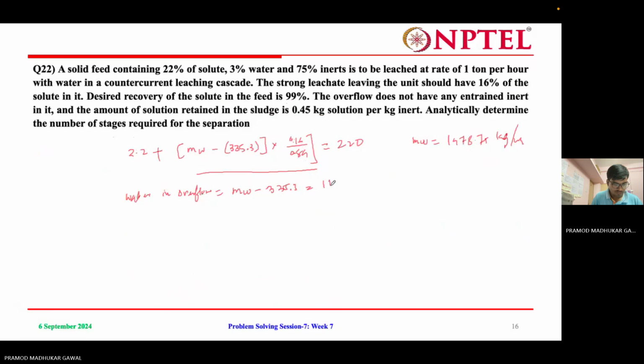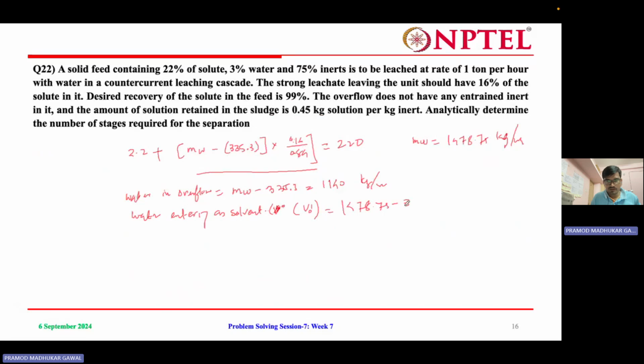That is 1140 kg per hour, right? Now water entering as a solvent, that is denoted V, sorry, V naught dash, is 1478.75 minus 30 initially present, 30 kg per hour. So 1448.75, right?